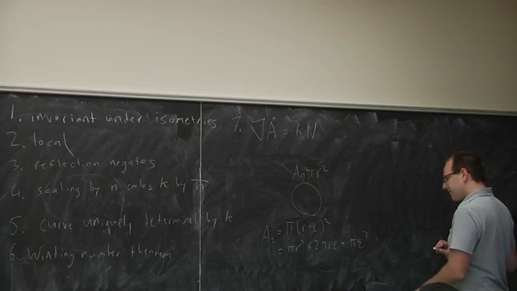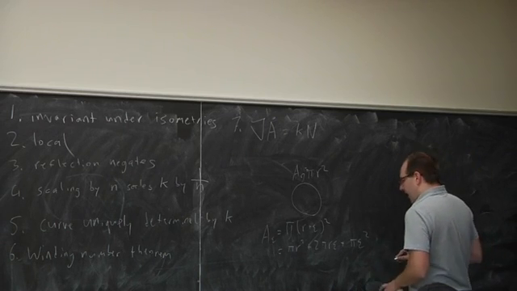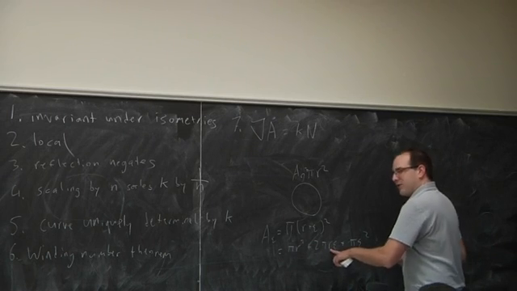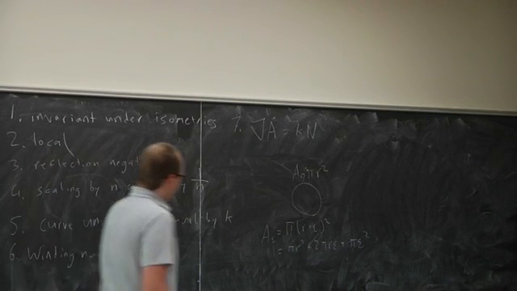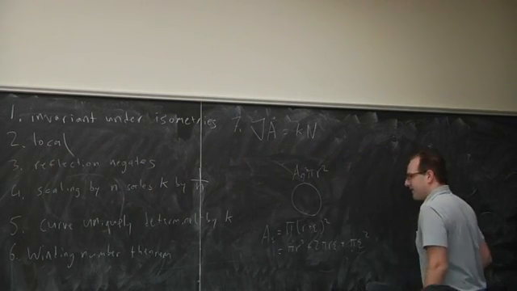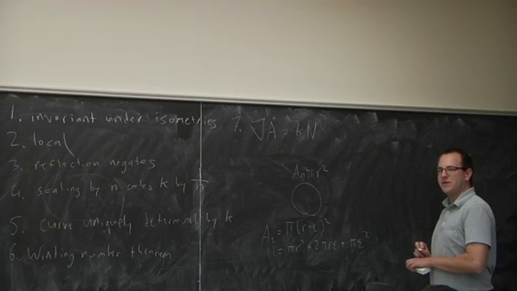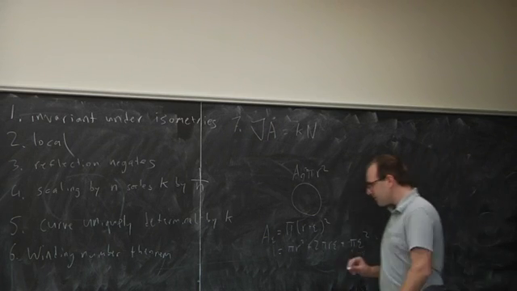This 2 pi r should make sense. It's exactly the perimeter. What is this pi epsilon squared? Maybe it's not so clear, right?